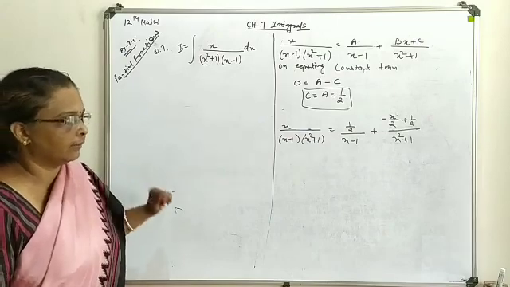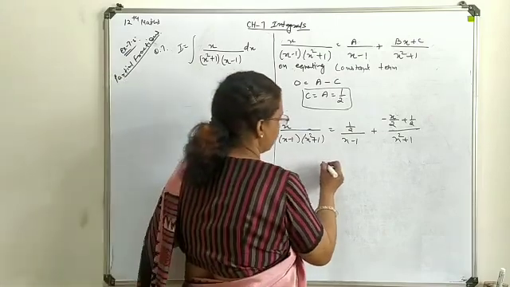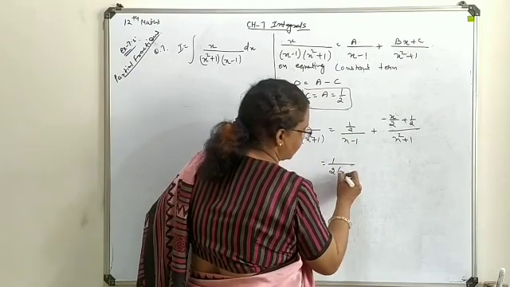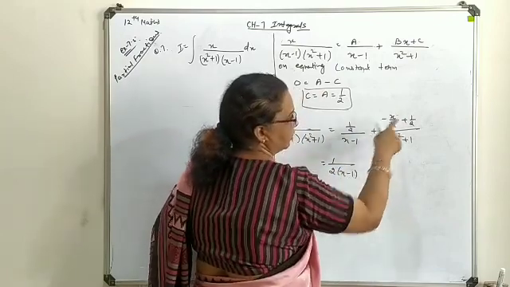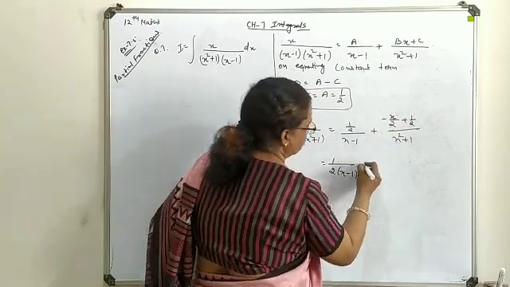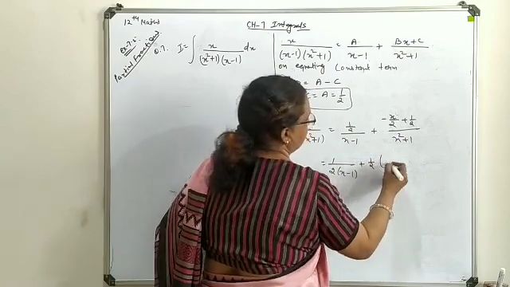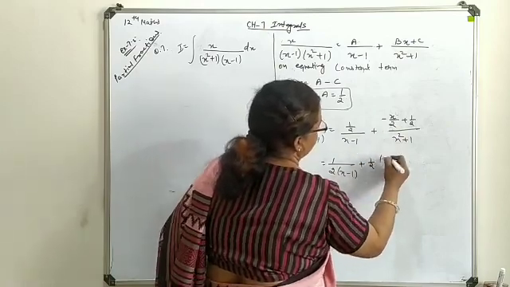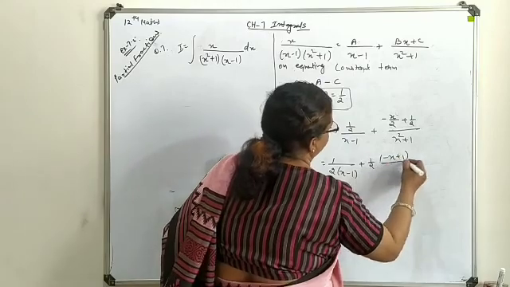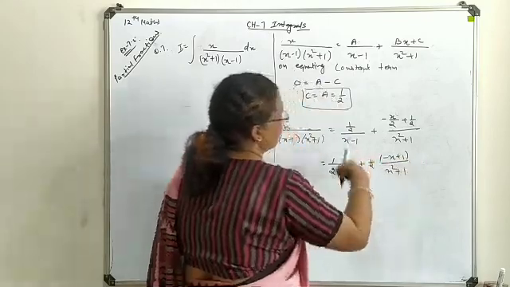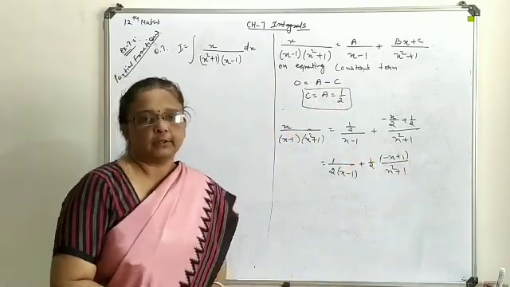Now here what we will do, 1 upon 2x minus 1. Here 1 upon 2 we can take common. So this is the 1 upon 2 we can take common. So inside the bracket what is left? Minus x plus 1 upon x square plus 1. This will be proceeded for further integration.